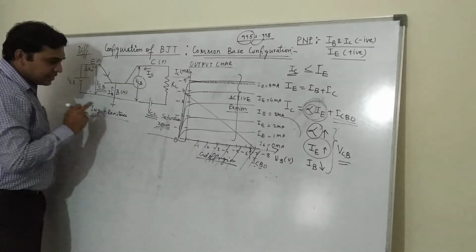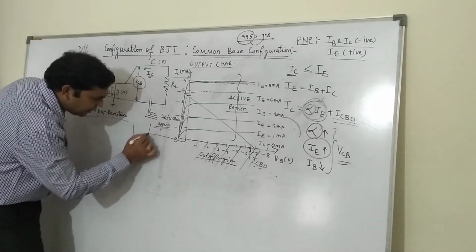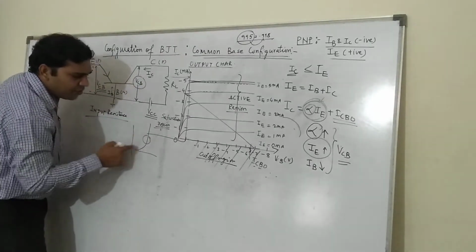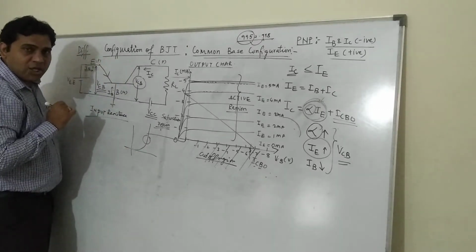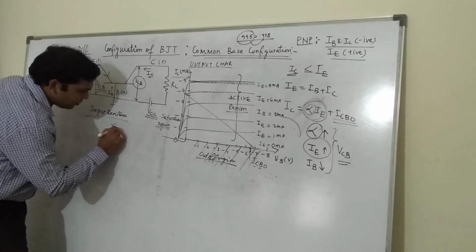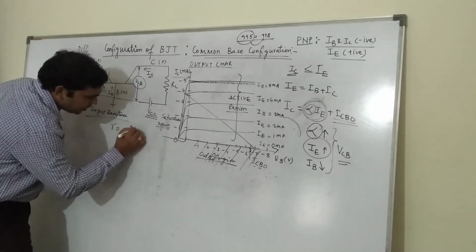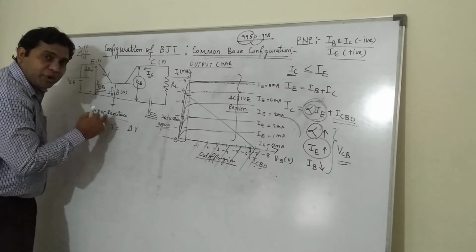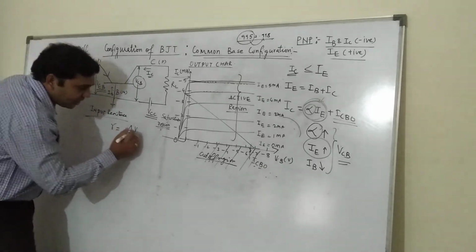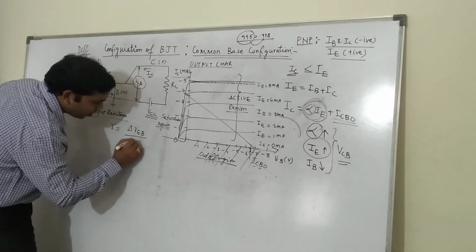So the input resistance is very small, because in the input characteristics we have already seen the current increases very sharply with respect to the voltage. The resistance is defined as R, which we call the input dynamic resistance: the change in input voltage VEB divided by the change in input current.